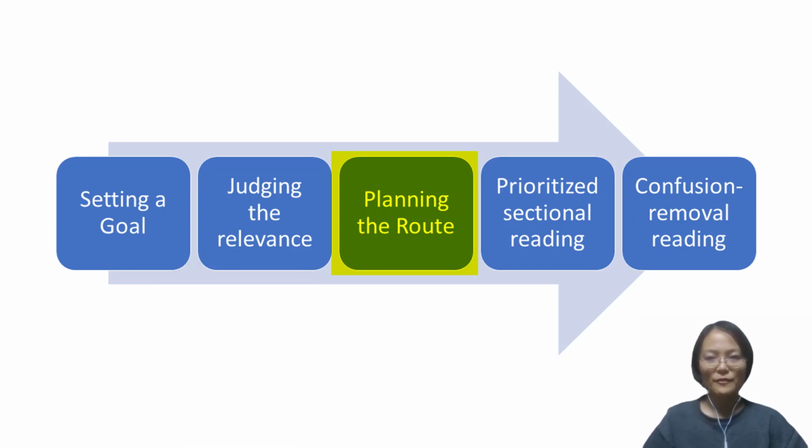It is now the perfect time to take a step back and think, where in this article can I most likely find answers that can bring me closer to my reading purpose? I call this action planning the best route.